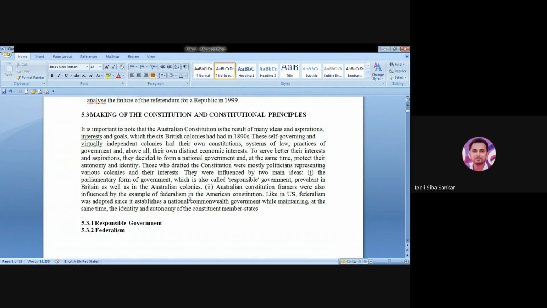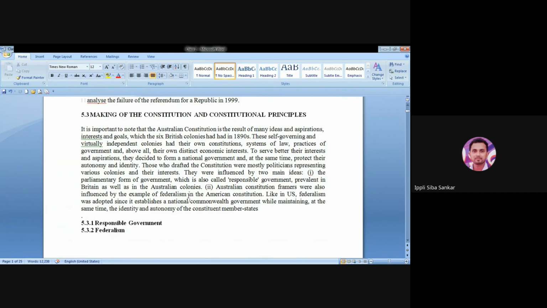So in the introductory part of constitutional principles, we just know that the Australian Constitution was based on the parliamentary form of government, as well as the Australian government believed in responsible government.